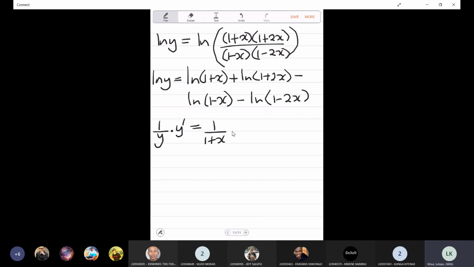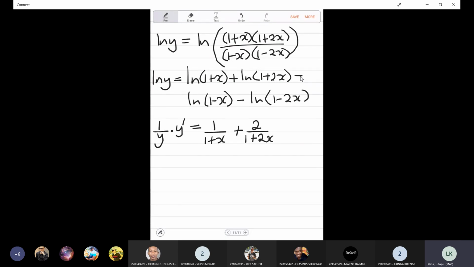So since I'm multiplying by 1, I don't need to write it. You can show it so that in future when you're working it out, you take note of it, but here I don't need to write it. Same thing with this one. The derivative is 1 over 1 plus 2x, and the derivative of 1 plus 2x is 2. So in the numerator, we'll put a 2 over there.